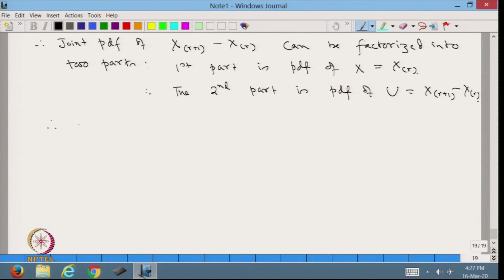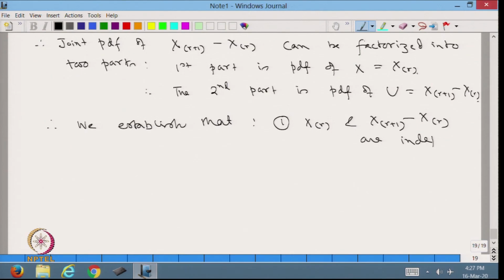Therefore, we establish that, firstly, X_r and X_{r+1} minus X_r are independent, and secondly, the PDF of X_{r+1} minus X_r is equal to (n minus r) lambda e to the power minus lambda (n minus r) u.